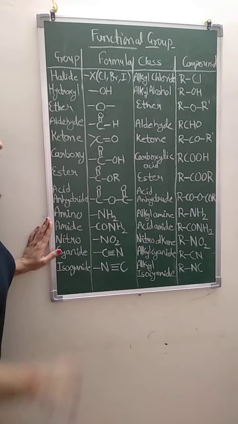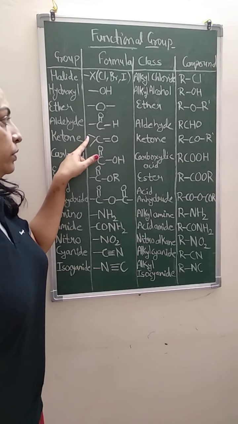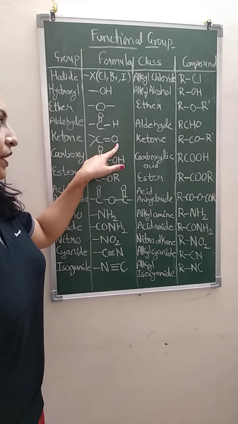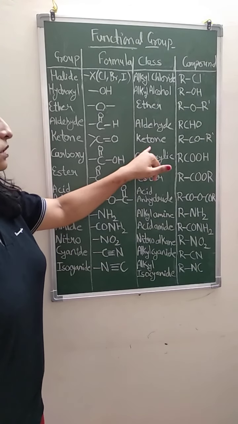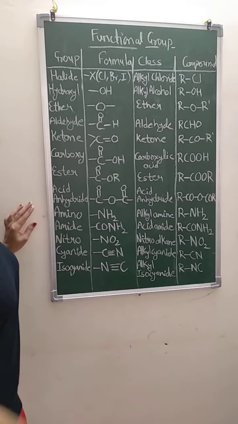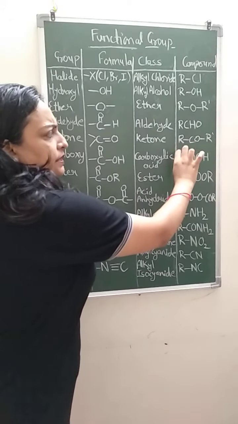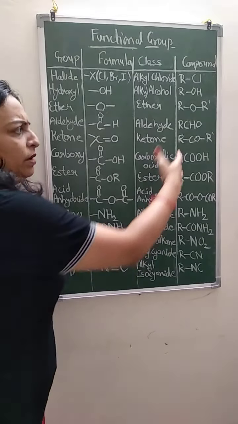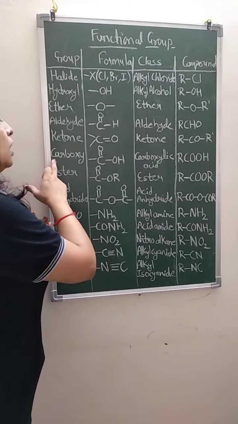Next is ketone. What is the representation of ketone? Double vacancies with C, that is carbon, along with a double bond joined to oxygen. So this is the representation of ketone. The class formed is also known as ketone, and the compound is written as R, C, O, R. Here the R may be different alkyl, methyl, whatever is given, so it may be different or it may be the same. Now next is carboxyl.